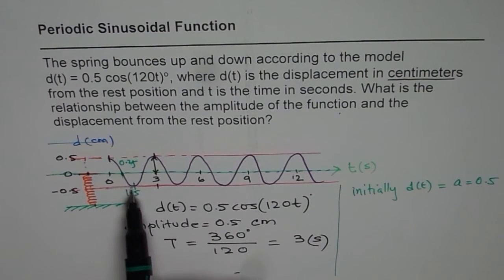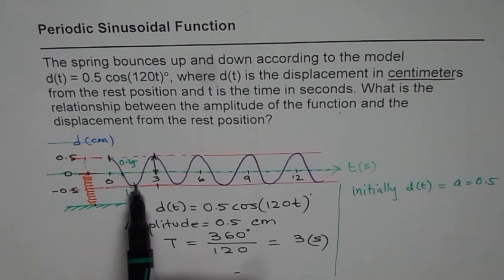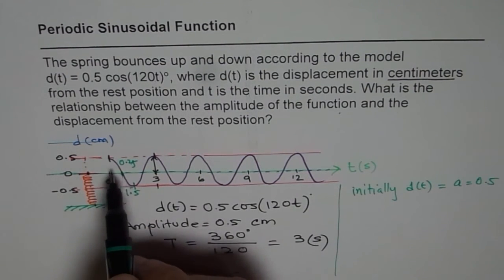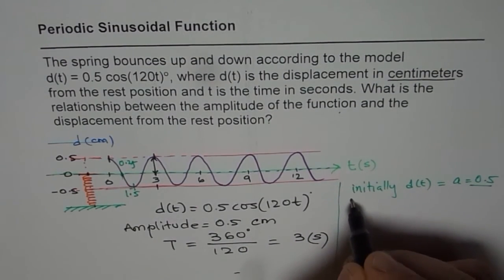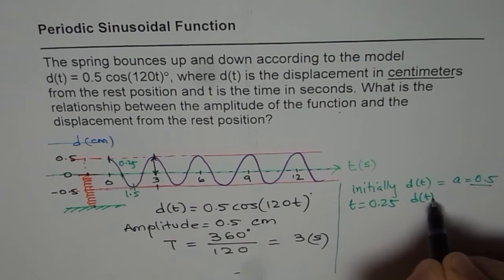then it increases in absolute terms, right? When it becomes equivalent to almost a negative value, it is on the other extreme, and then bounces back, meaning displacement is 0 after a quarter of a cycle. Do you see that? So displacement starts with the maximum, which is equal to amplitude, and when t equals 0.25, displacement is 0.